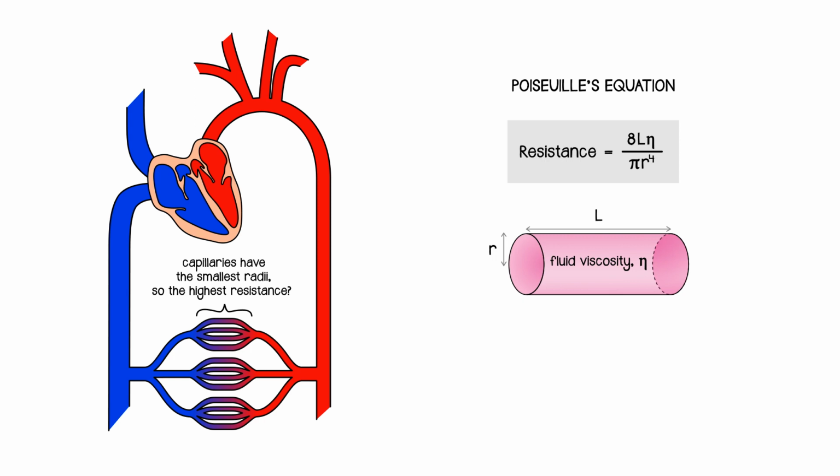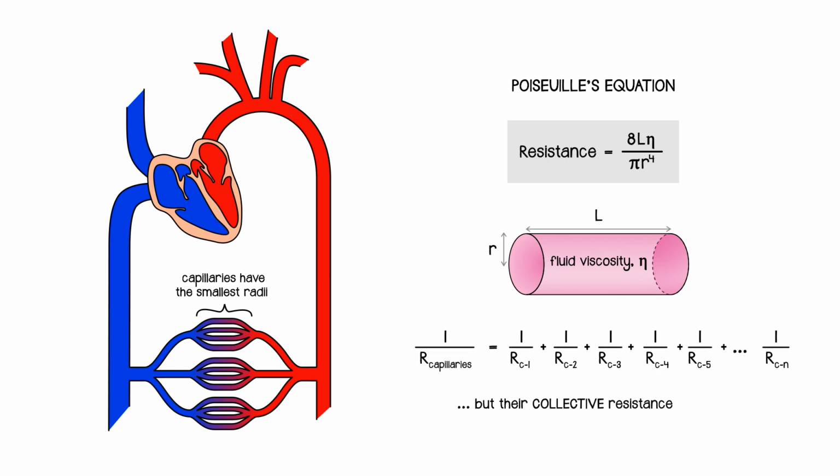Unfortunately, things are not quite as simple as that, because in order to work out the collective resistance of all of the capillaries, you would have to think not just about the resistance of just one capillary, but about how many capillaries there are in parallel. Because if you've got lots and lots of capillaries, collectively their resistance will be lower.